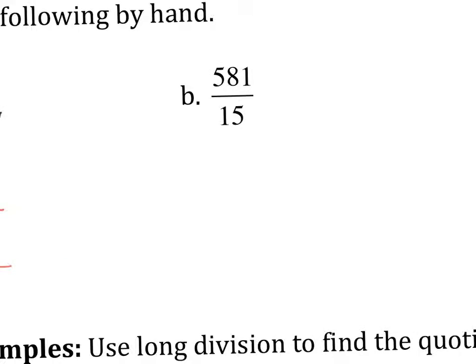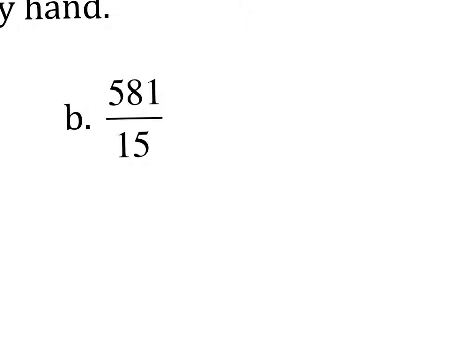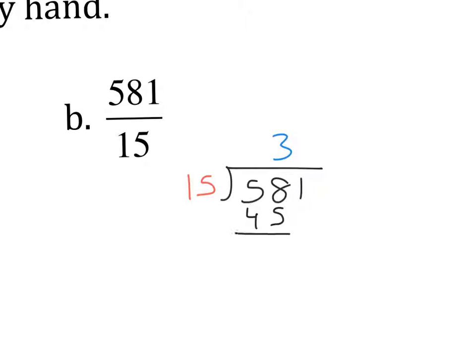Now let's do that same algorithm over here. So I put the 581 inside. Put the 15 outside and ask myself, how many times do 15 go inside of a 58? And in that case, I get 3. So I multiply to get 45, and then I subtract to get 13.